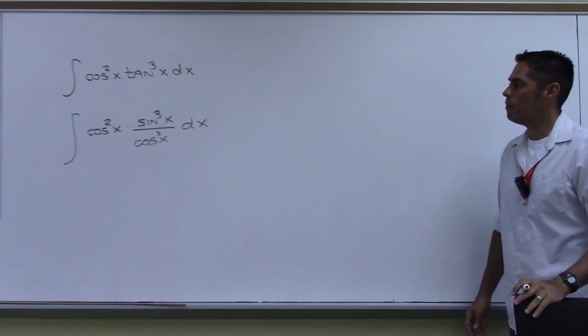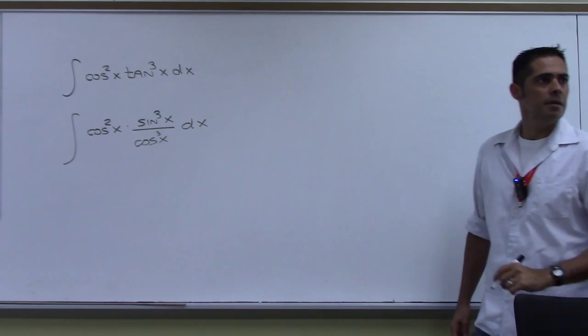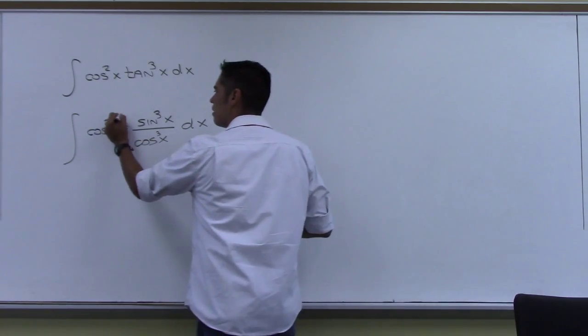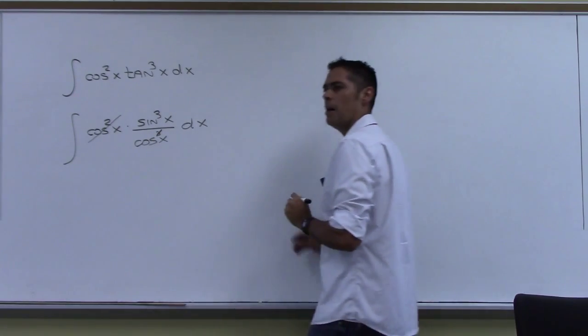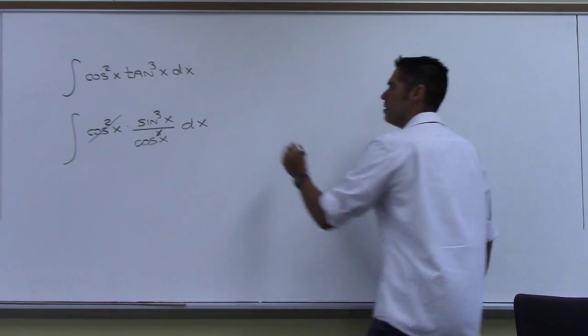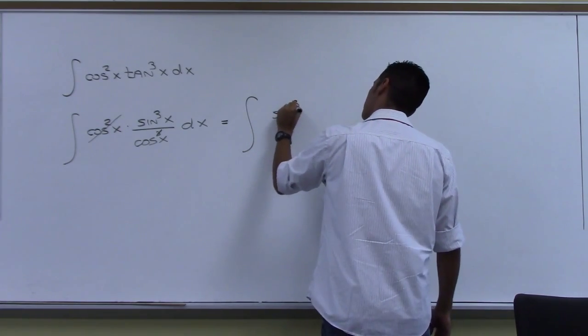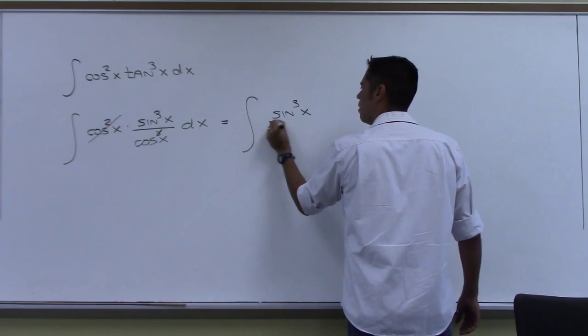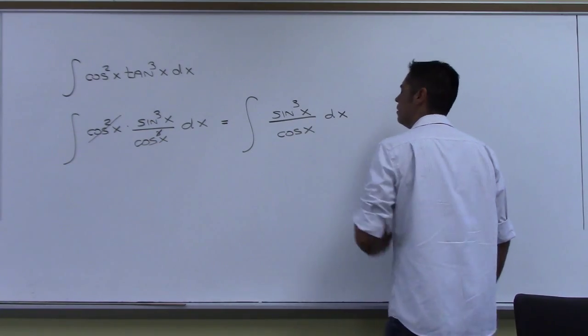And we get some cosines to cancel there, don't we? I would be left with one cosine on the bottom, so this would become the integral of sine cubed x over cosine x dx.